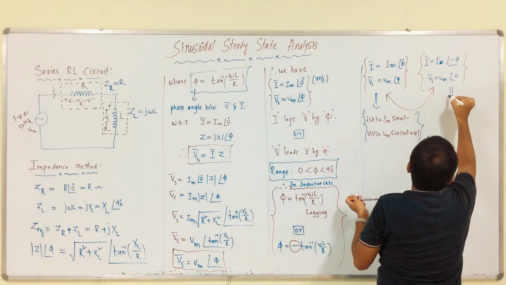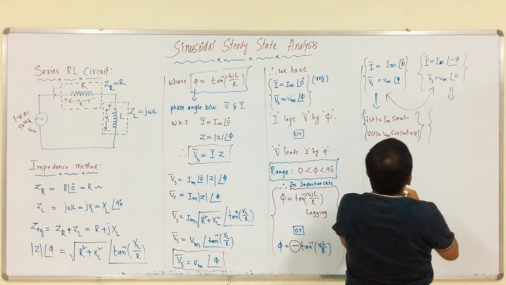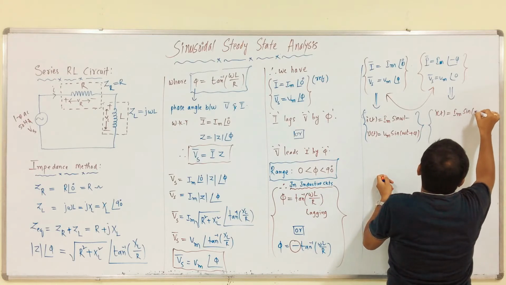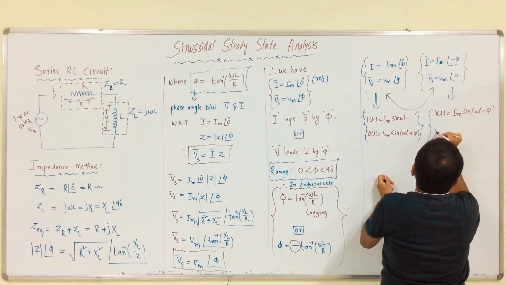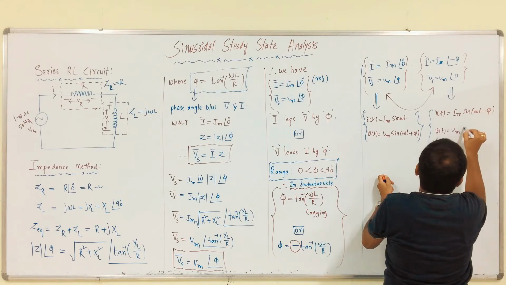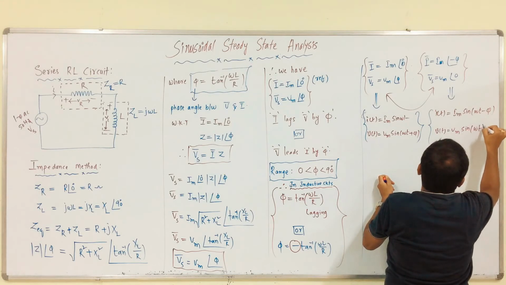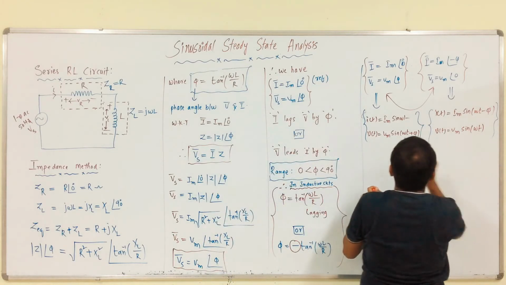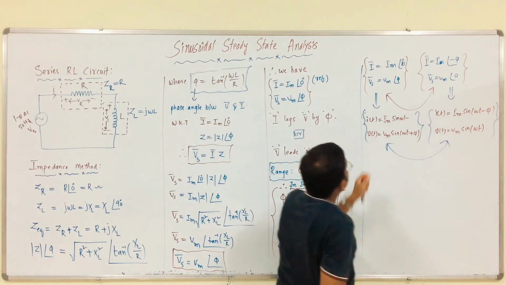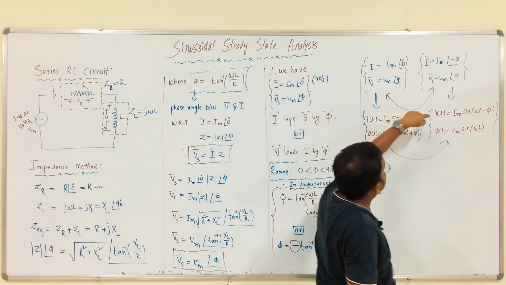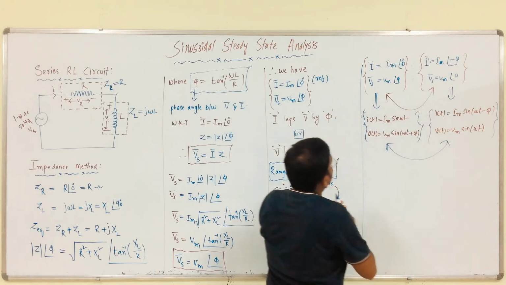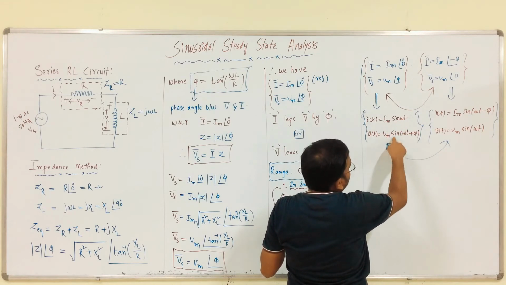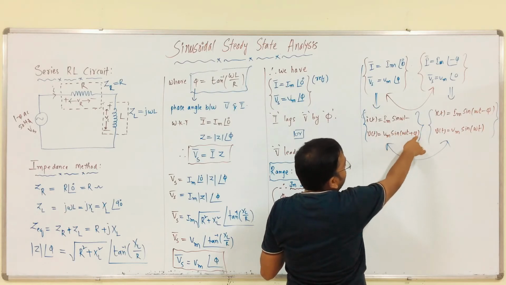Like that, we can write I of t equals I m sin omega t minus phi, and V of t equals V m sin omega t. Is there any change between these two? This is the representation for this set and this is the representation for the other set. Current is at 0, but voltage is at phi. Voltage leads current, meaning current lags voltage by phi.